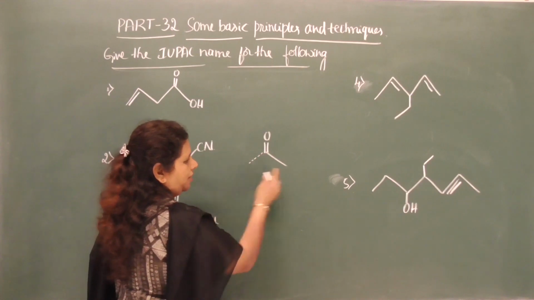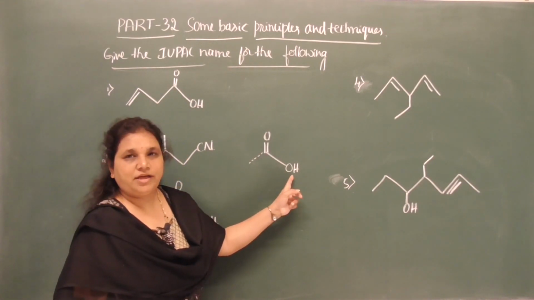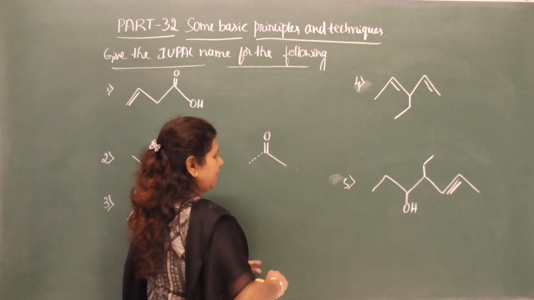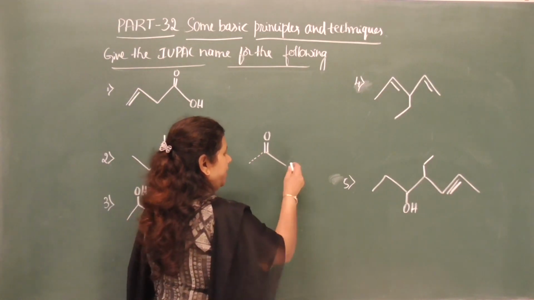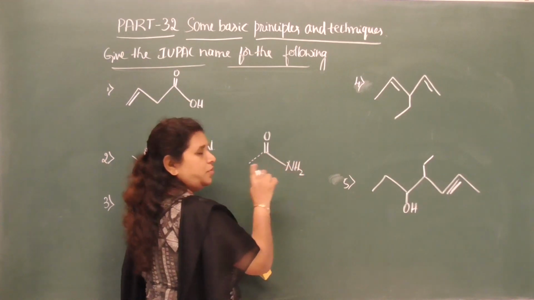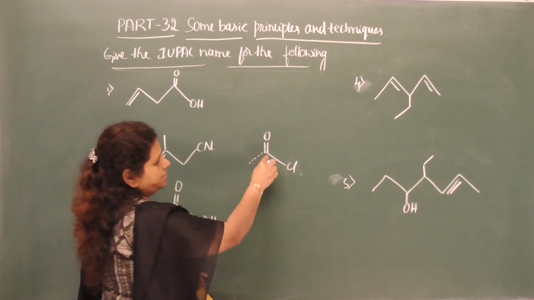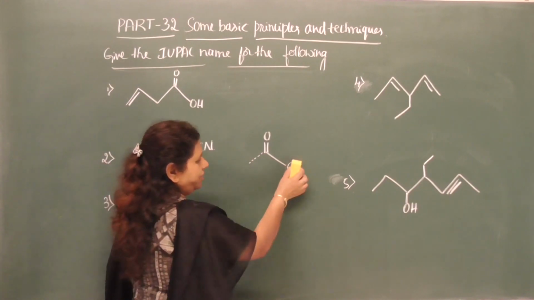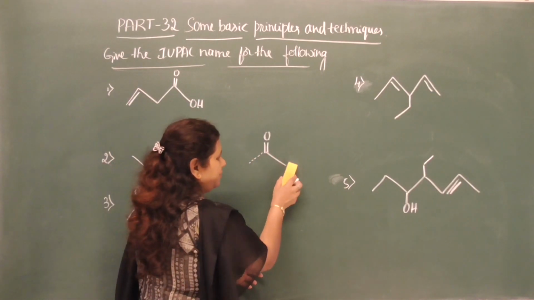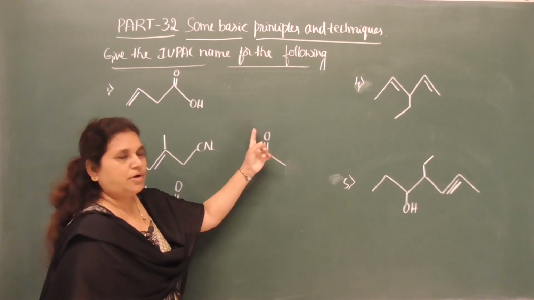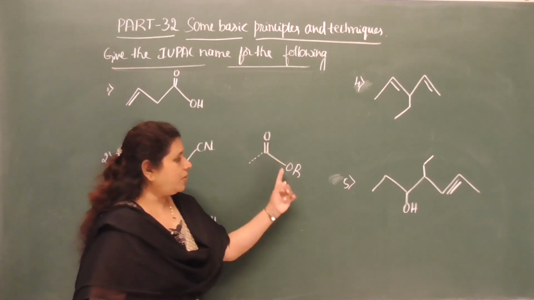This bond should be attached to the carbon chain, and if it is OH here, C double bond O OH, then it will be carboxylic acid, and if you write hydrogen here, it becomes the aldehyde functional group, and if it is NH2, then it will be C double bond O NH2, the amide group, and if it is Cl, then it will be C double bond OCl, acid chloride, and if it is R here, then it becomes, means if any carbon atom is attached like this, then it is ketone, C double bond O, and if it is OR here, then it is ester, C double bond O OR.